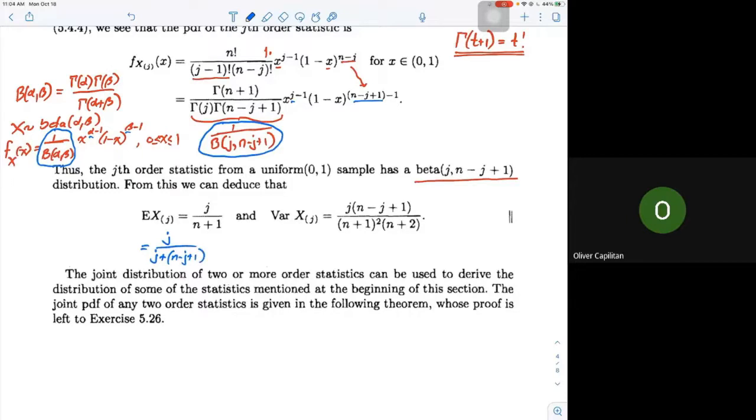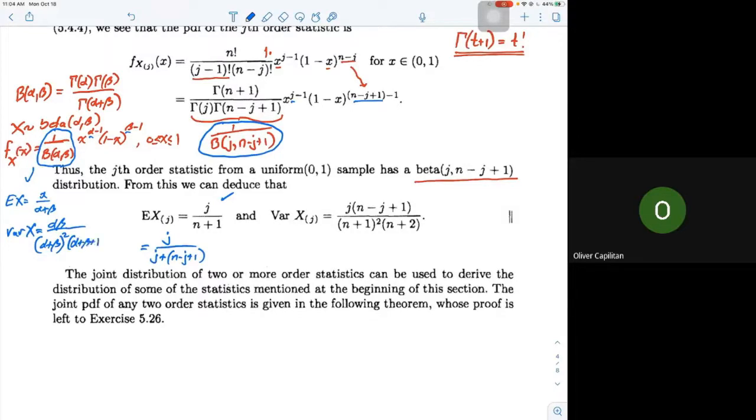And then we have the variance. The mean of X here is alpha over alpha plus beta. For the variance of X, we have this formula: alpha beta over alpha plus beta quantity squared times alpha plus beta plus 1.